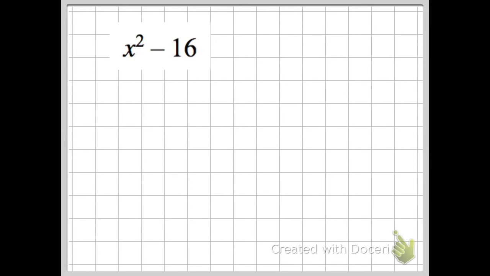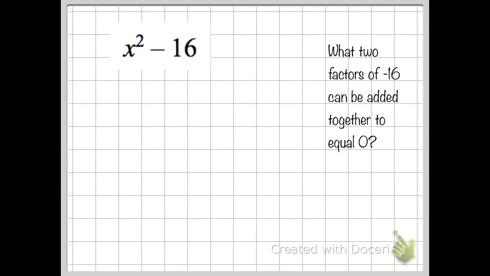The last type we're going to look at has no x term. In other words, it's x squared plus 0x minus 16. We still ask the same question: what two factors of -16 can be added together to equal, in this case, 0?